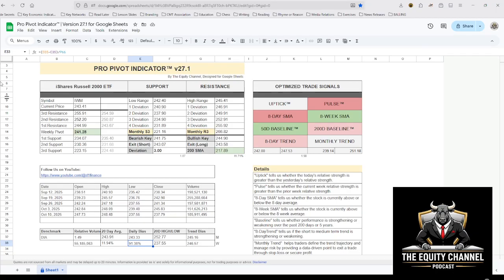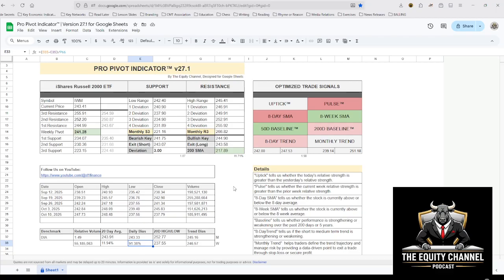So if I was about to take a trade, I may not take it unless I get some very strong confirmations, like closing above the 8-day trend, the monthly trend, whatever, at the end of the day. Otherwise, I'd probably just stay out of the way, because most of the range is already gone. You want this number to be below 50%, so you know that you still have at least half the daily range to go.